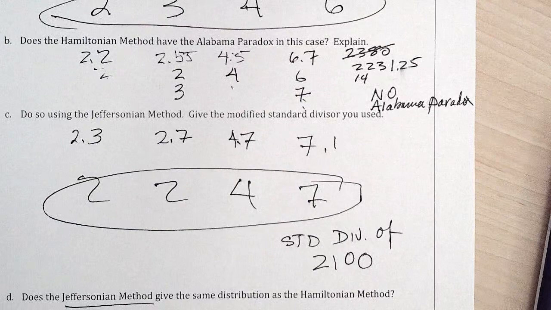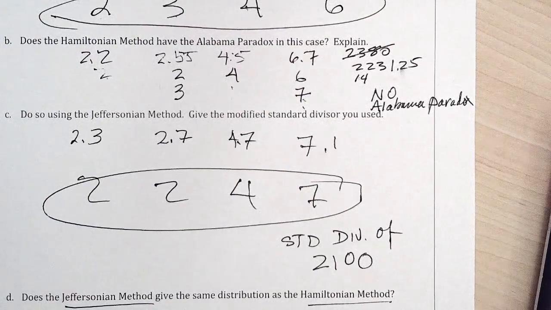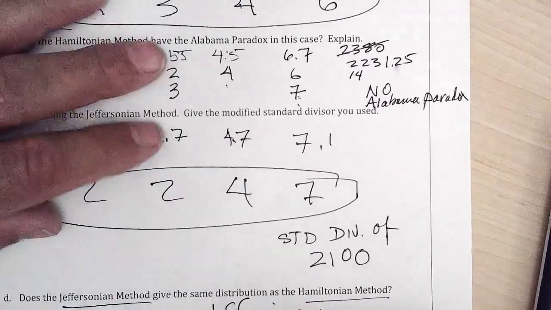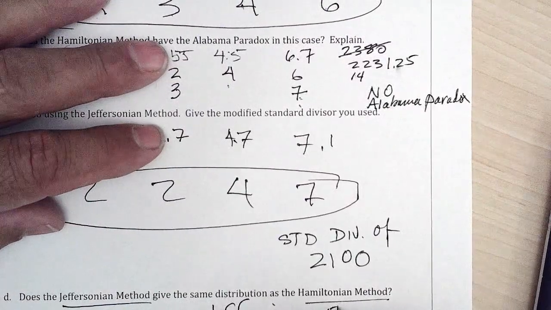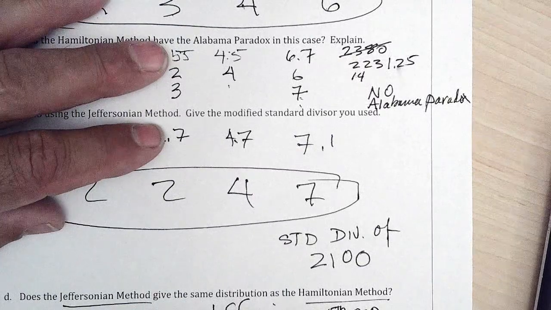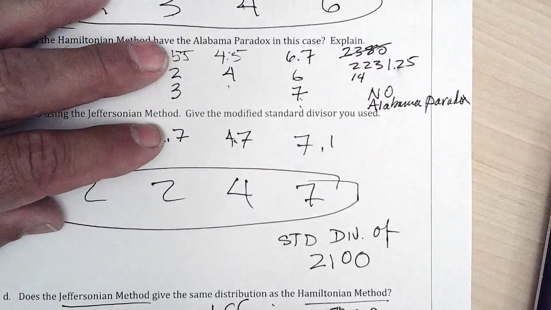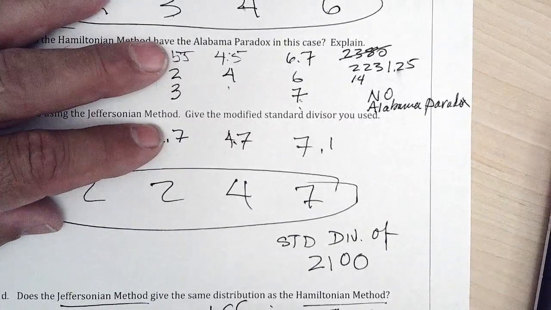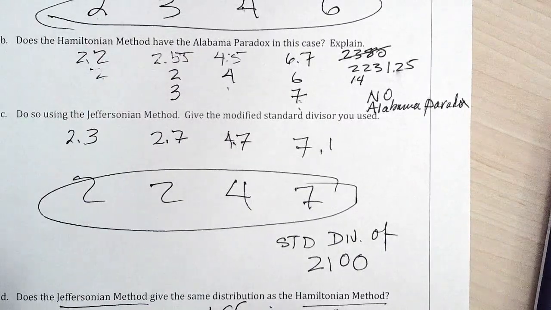Does the Jefferson method give the same as the Hamiltonian?